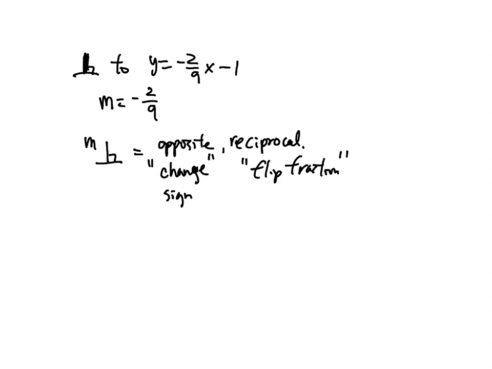Okay, so that means if my original slope is negative 2 over 9, my perpendicular slope is going to be a positive 9 over 2. Opposite sign, flip the fraction.